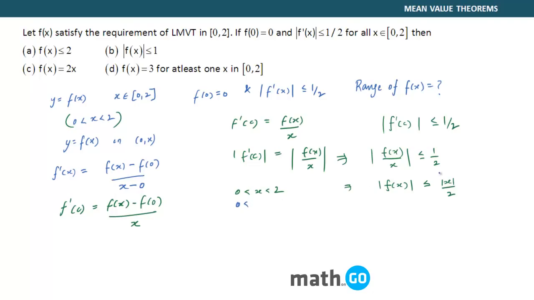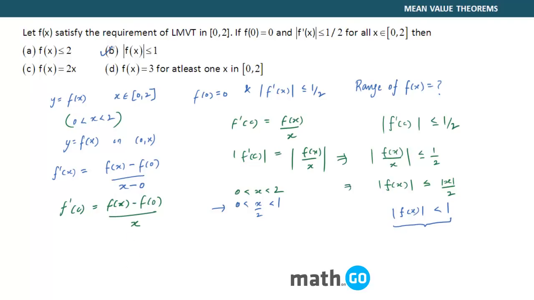So that's not a problem. So you are dividing this by 2, so this will now lie between 0 and 1. So that means mod f(x) will be less than 1, right? This is your answer. That's it.